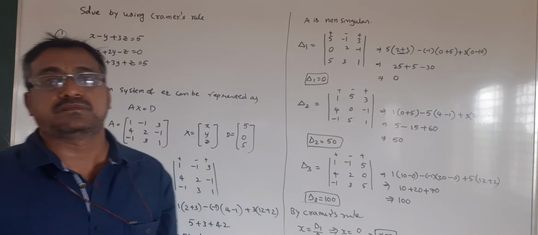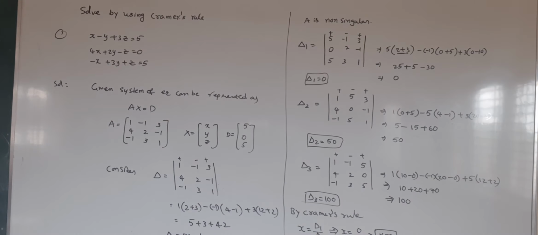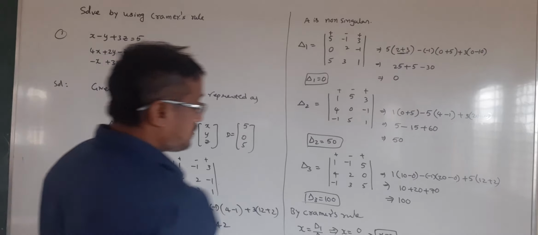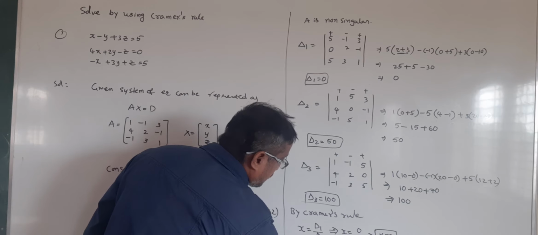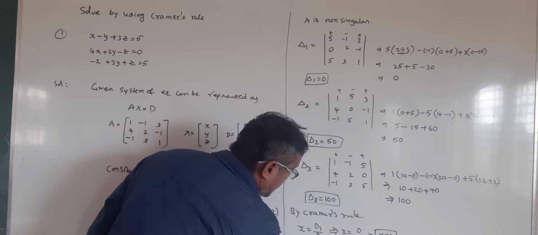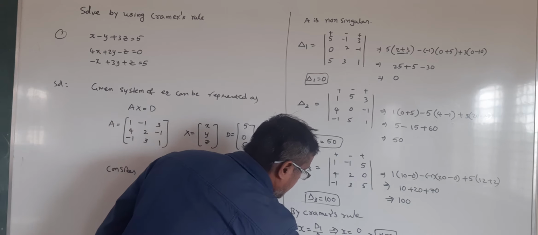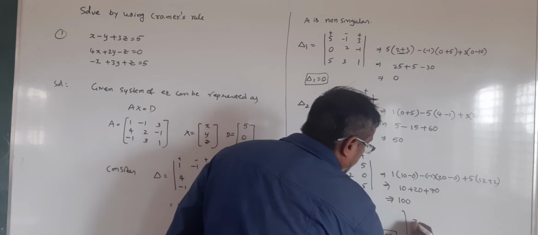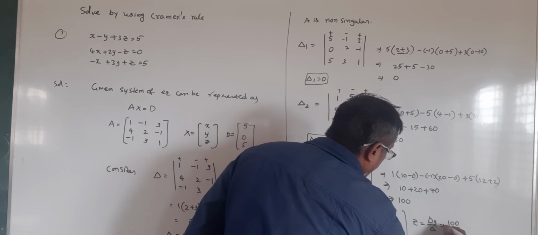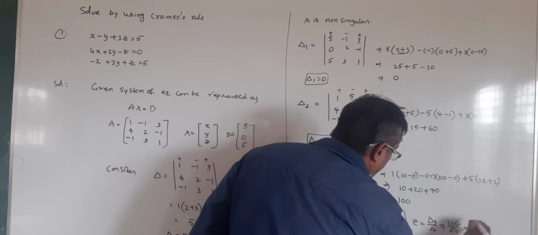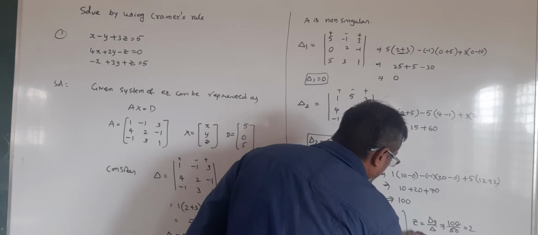And y is equal to delta 2 by delta. So y is equal to 50 by 50, so you will get y is equal to 1. And z is equal to delta 3 by delta. So 100 by 50, it will be 2. So z is equal to 2.